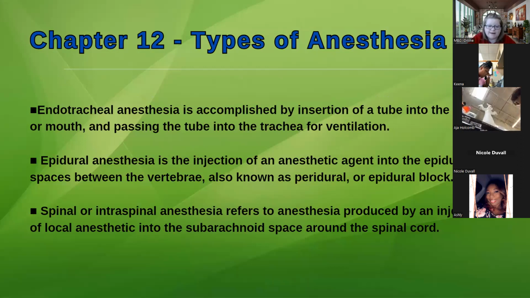Spinal or intraspinal anesthesia refers to anesthesia produced by an injection of local anesthetic into the subarachnoid space around the spinal cord. All right, so a little bit different than epidural, right? The epidural is the injection of an anesthetic agent into the epidural spaces between vertebrae, that's in between the spaces in your spinal column.